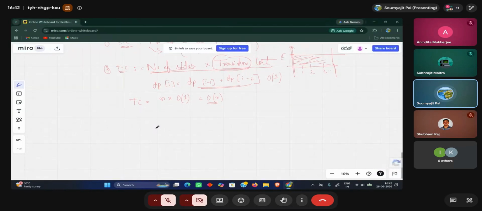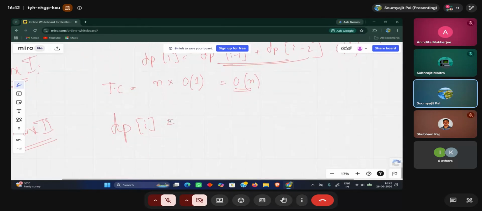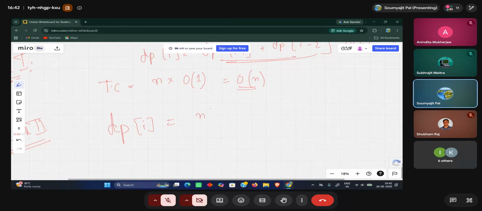Now, what if this is my case one? What if my different states have a different transition cost? Suppose my DP i state has a transition cost of something like n by i. So here, over the state coordinate system, dp of 1 has a transition cost of n, 2 has a transition cost of n by 2.